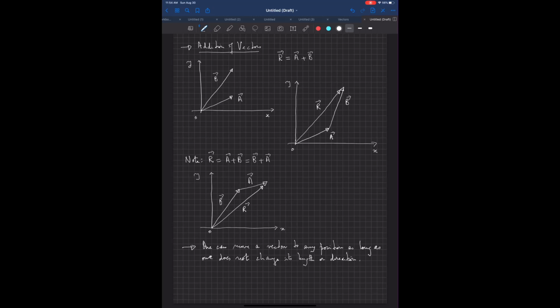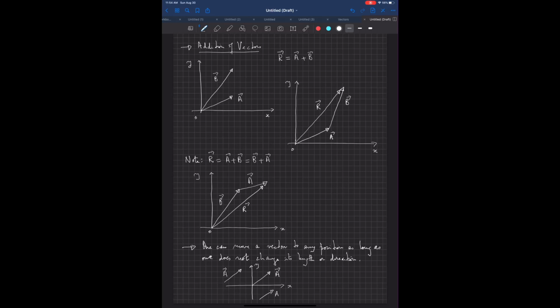Okay? For example, if I have a vector A, I can move it over here. This is also the vector A. Or I can move it over here.